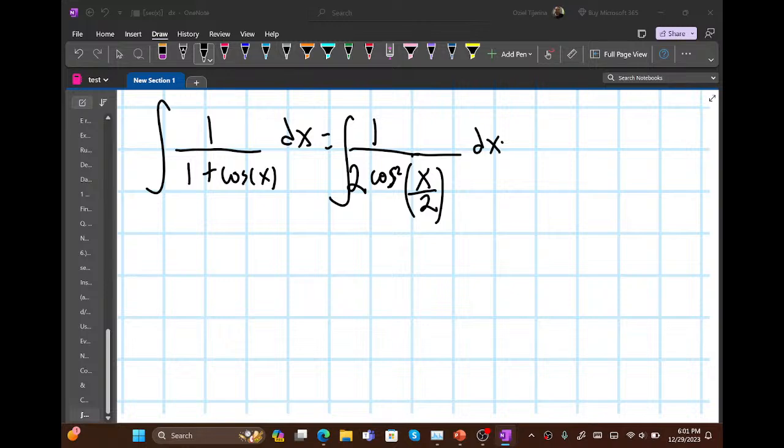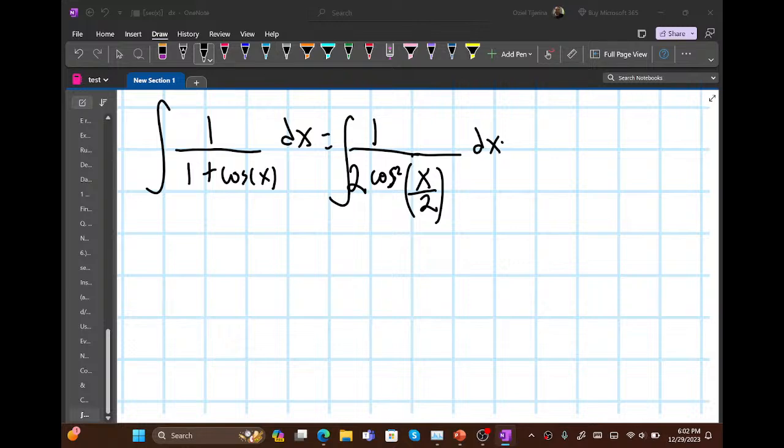Then we're going to do the following. So then what now, though? Hold on. Wouldn't that give you secant squared?